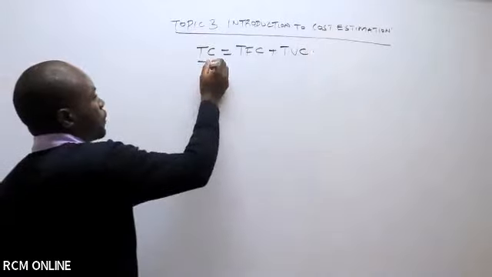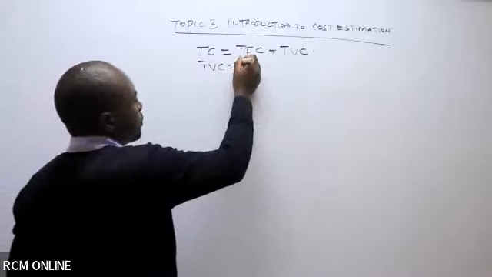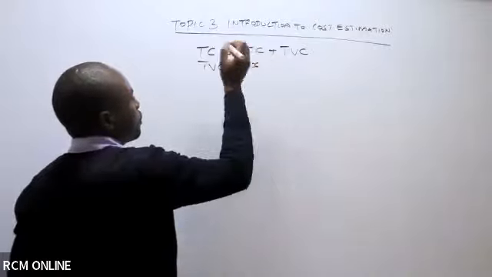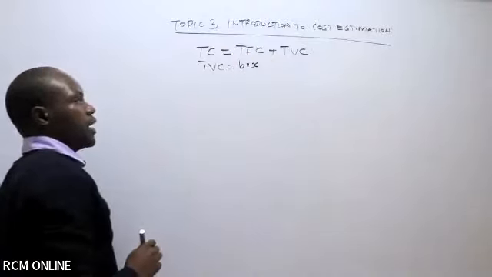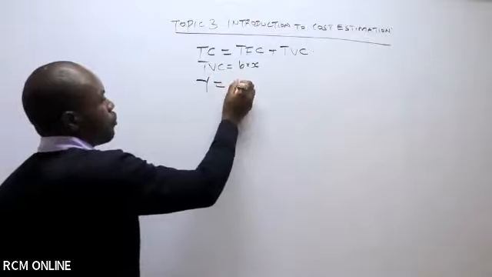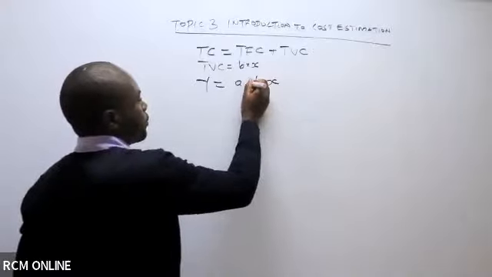Total variable cost is equal to variable cost per unit multiplied by quantity or activity level. This will be simplified in the form of y equals a plus bx.